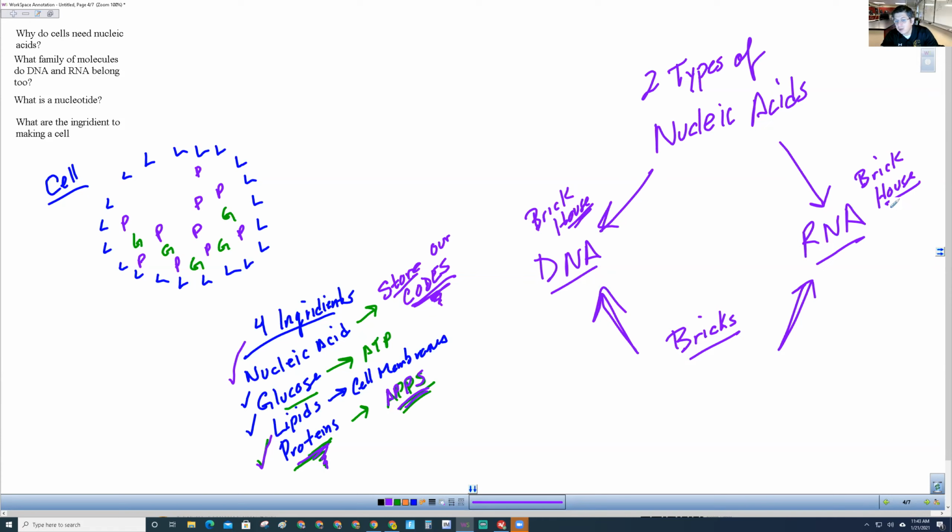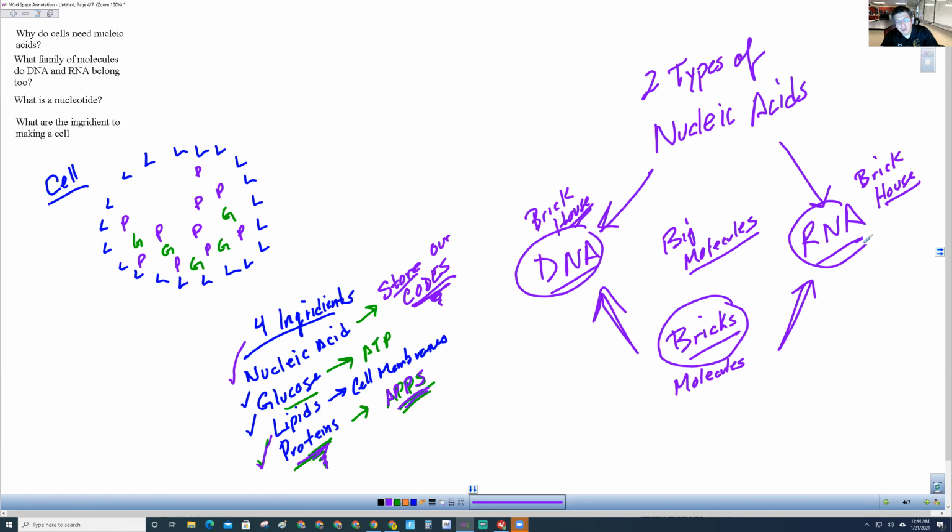But DNA and RNA are not really brick houses. They're big molecules. Both of these are big molecules, and big molecules are made up of smaller molecules. So in other words, what are the bricks that you need to build DNA and RNA?